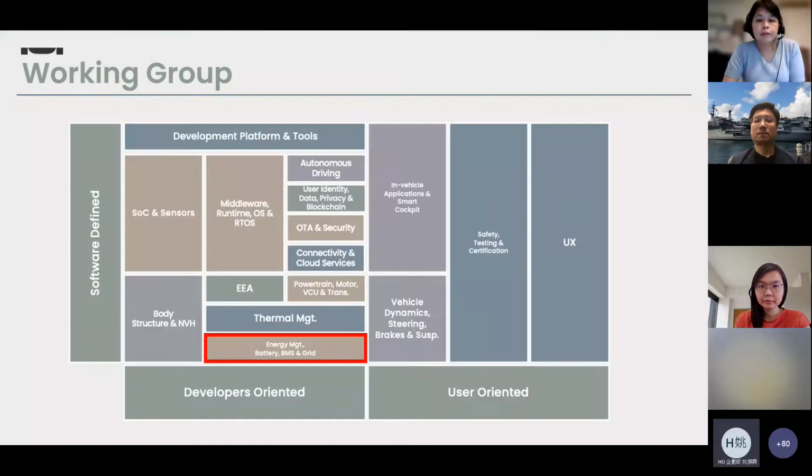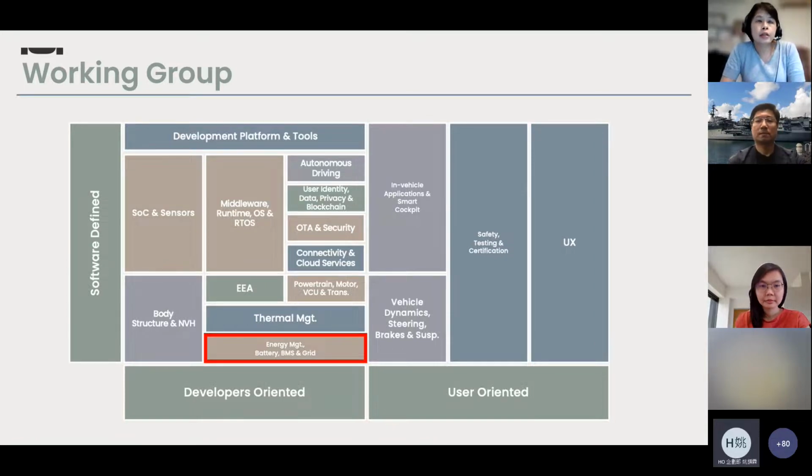Okay, so first of all, thanks so much for having us. Myself and Hui, we are representing Microsoft from the customer innovation team for Asia Pacific. Today we are going to share with you our view regarding how to build energy agility through the digital twin, essentially for the electric vehicle.